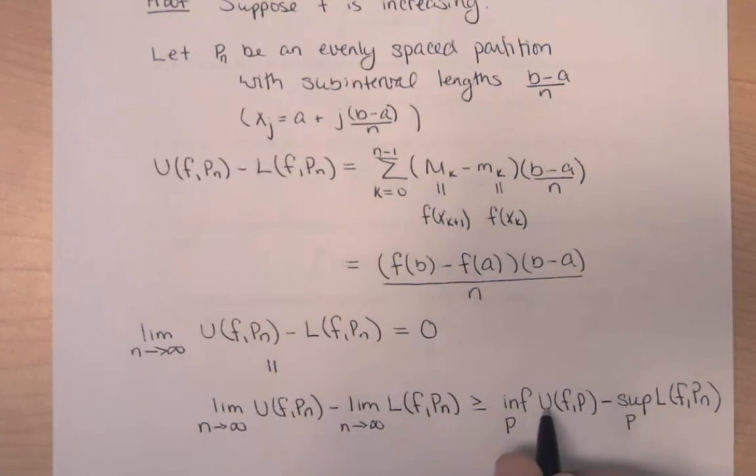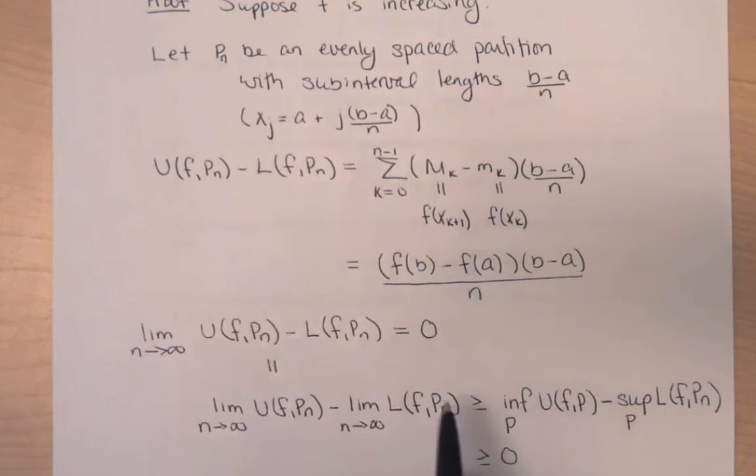Which, by the way, remember that this is greater than or equal to 0. That was the third lemma we proved. Right? This is the upper integral, and this is the lower integral. The upper integral is greater than the lower integral, so their difference is non-negative. So it's bounded below by 0, and it's bounded above by 0. Well, if it's bounded below by 0, and it's bounded above by 0, then it's 0.